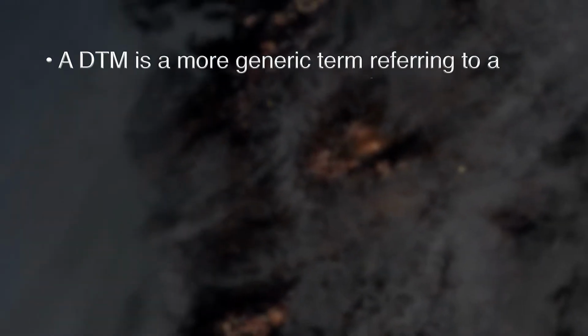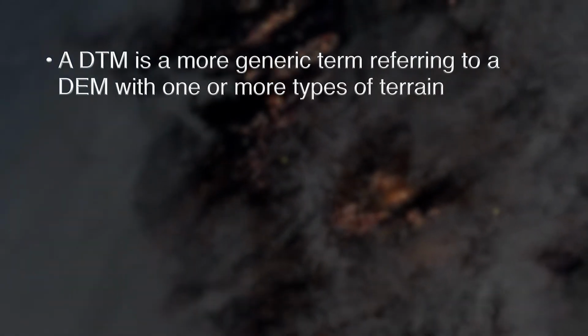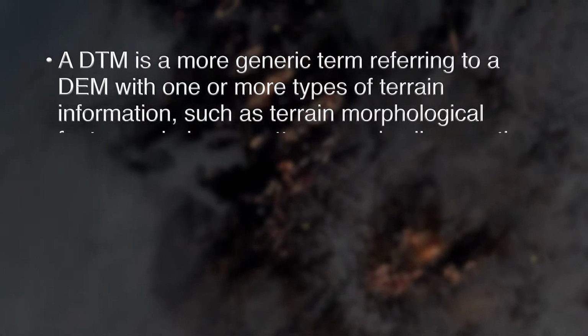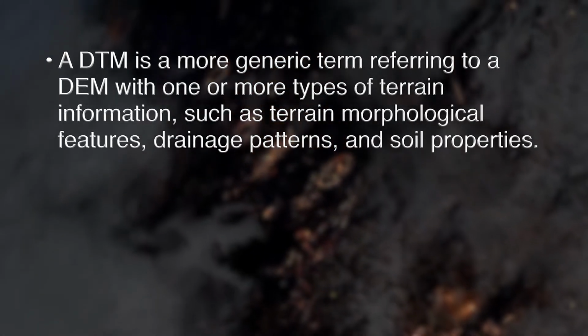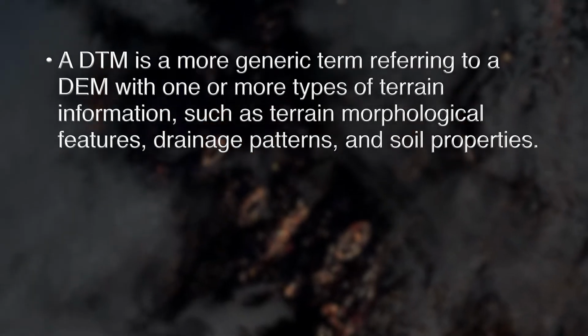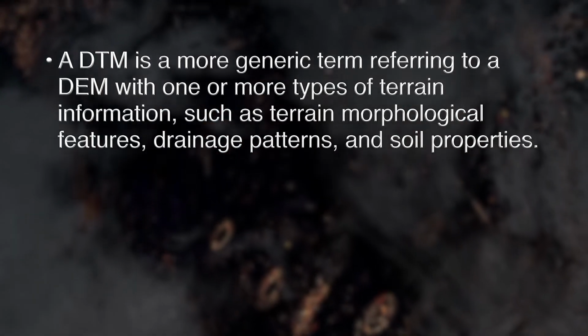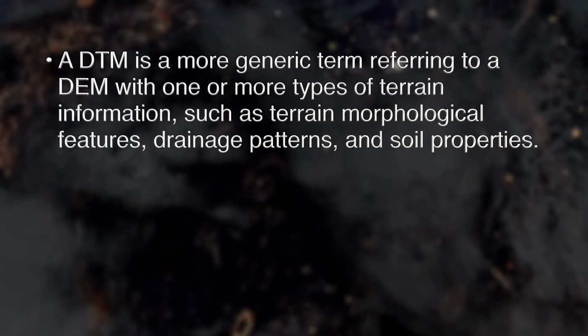A DTM is a more generic term referring to a DEM with one or more types of terrain information, such as the terrain morphological features, that is the drainage pattern, the soil properties, etc. When dealing with only one terrain information type, that is height, this is a DEM. Obviously, DEM is a subset of digital terrain models, as given by Lee and Zhu.